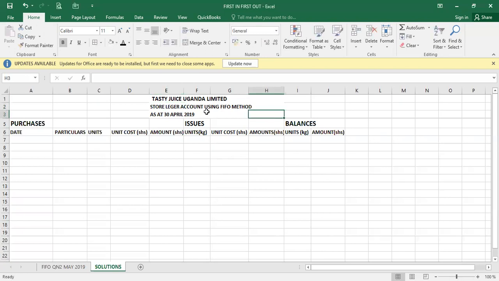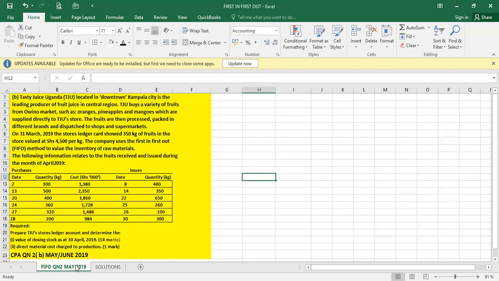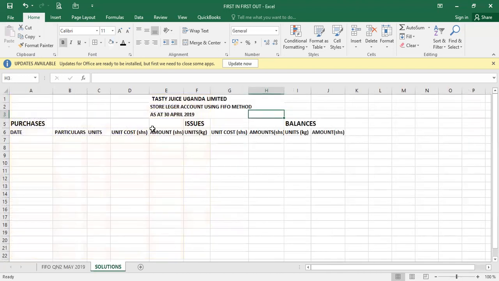Using Fifo method, they have given us when we are supposed to prepare that, because when you see here they said as at, that's why I did not say for the period ending or ended. I said exactly what they told us to do in the question, as at 30th April 2019.